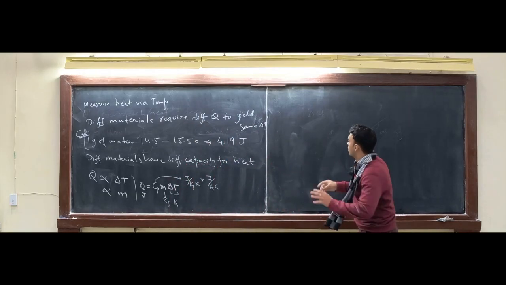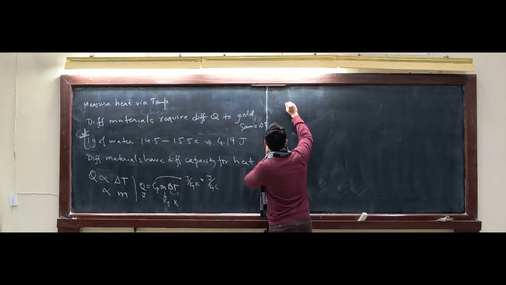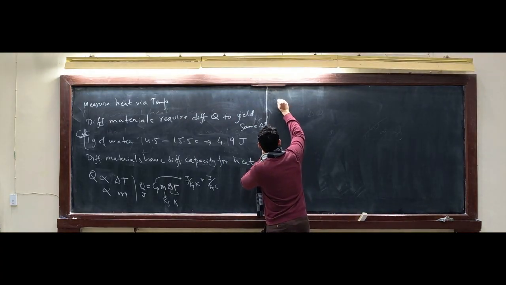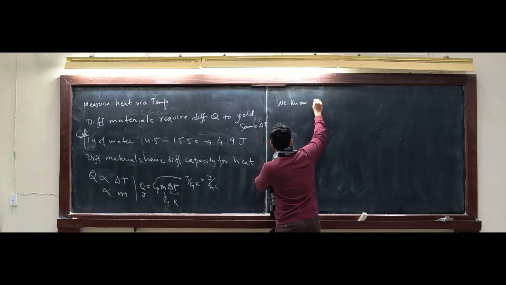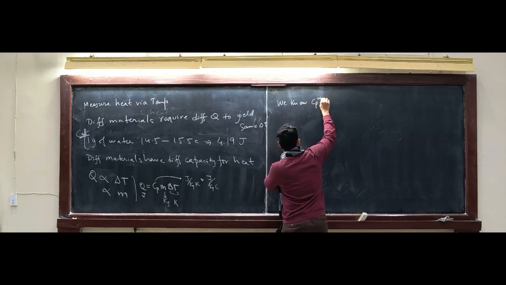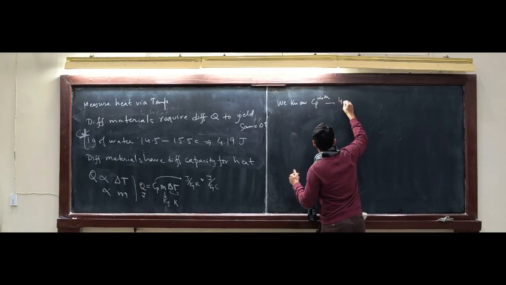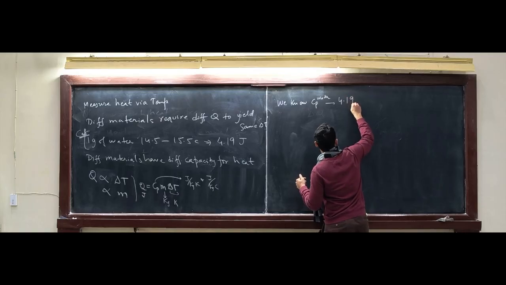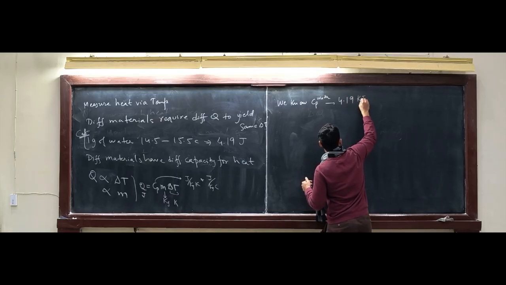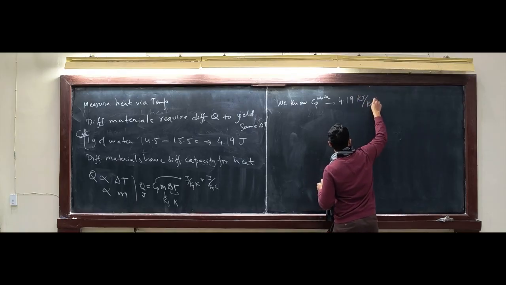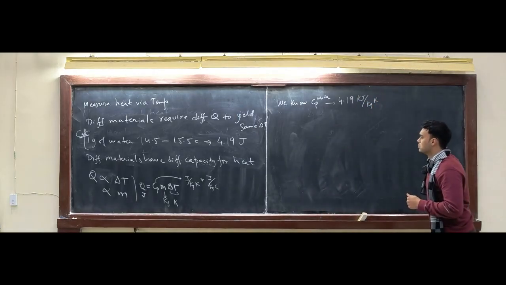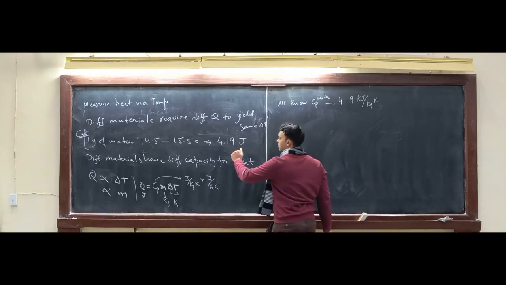Now, let's go back in time and say that we know Cp of water, or we have devised that it is going to be 4.19 kilojoule per kg Kelvin, right? 4.19 joule, but this is 1 gram.